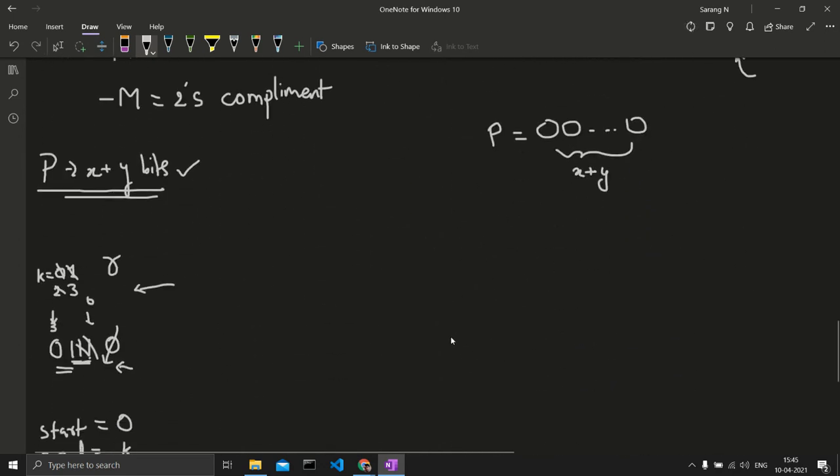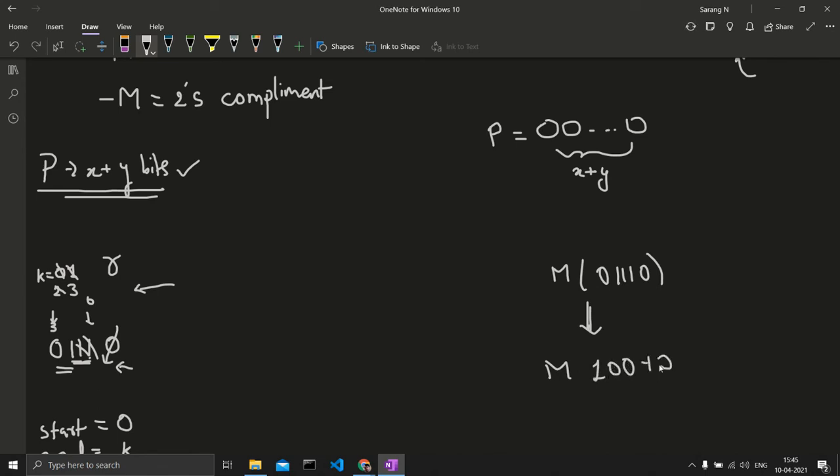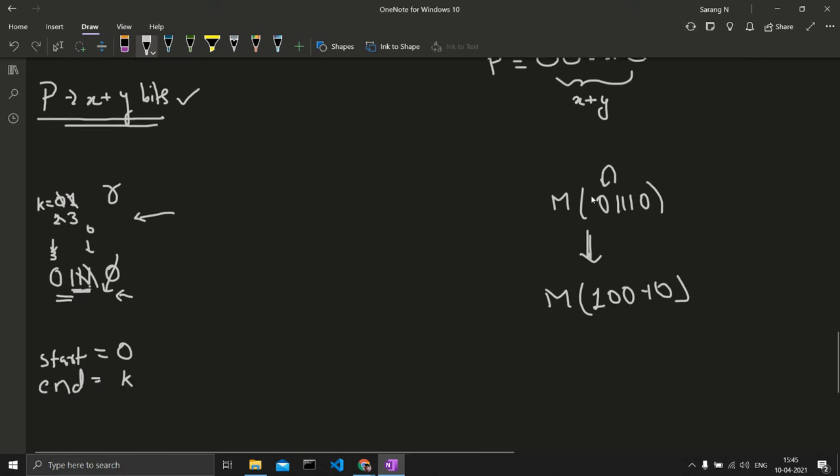If m is multiplied by some chunk of ones, you can convert it to m times 1, 0, 0, minus 1 and 0. So the 1 effectively comes at the next bit. So keeping this as the end is more useful than keeping the true end of the chunk. So we'll keep this as the end only, k.